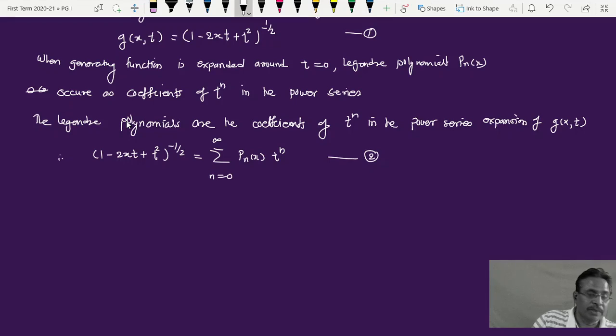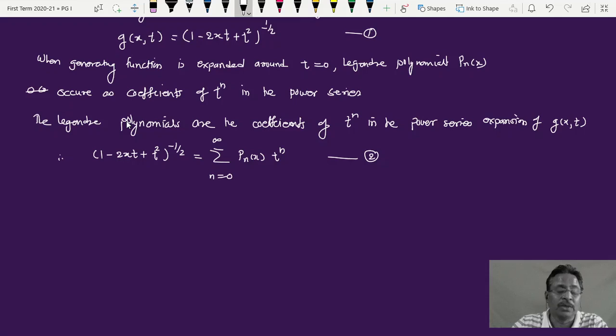We are expanding using the binomial expansion. Once it is expanded, we get a power series in t that has t raised to 0, t to 1, t to 2, t to 3, up to t raised to n. Every term has some coefficient, and all these coefficients are P0(x), P1(x), P2(x), P3(x), and so on. These are nothing but the Legendre polynomials.